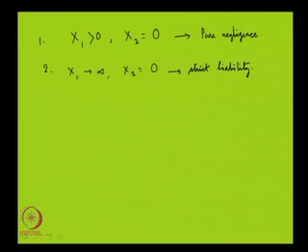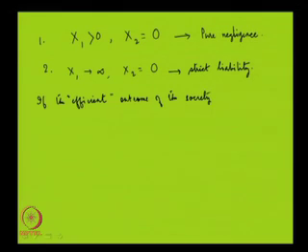And our proposition is the following: if the efficient outcome for the entire society, now efficient will be defined in a particular sense that we are going to look at, is that if player 1 takes the action A1 star and player 2 takes the action A2 star, that is best for the society.